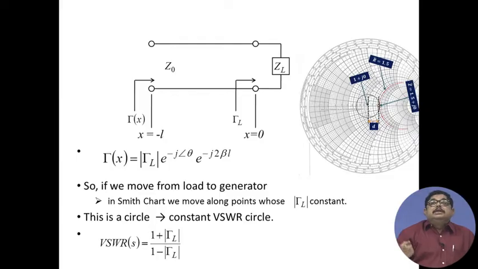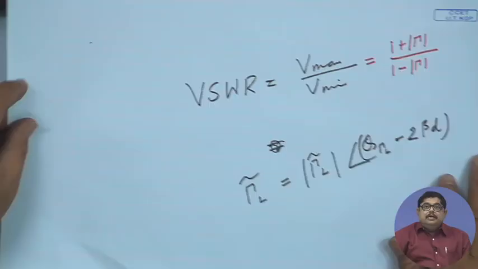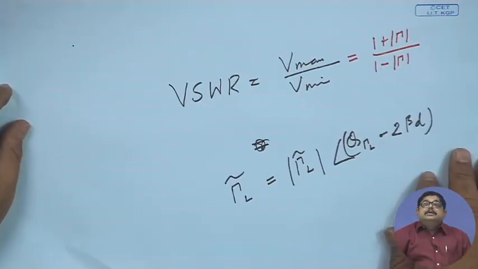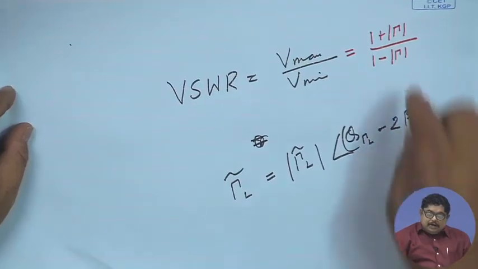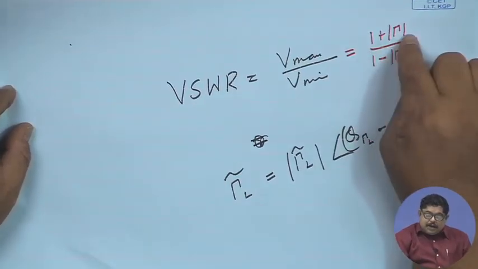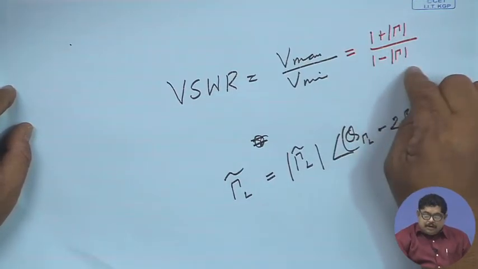So, we say that this is a circle, and what is that circle? You see that what is VSWR? We have already in previous cases discussed VSWR, how it is related to the reflection coefficient: 1 plus gamma bar by 1 minus gamma bar.